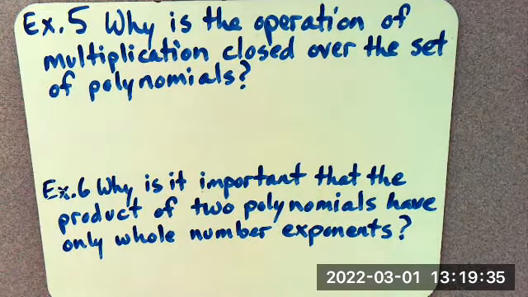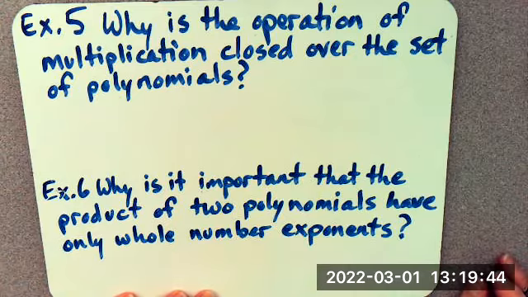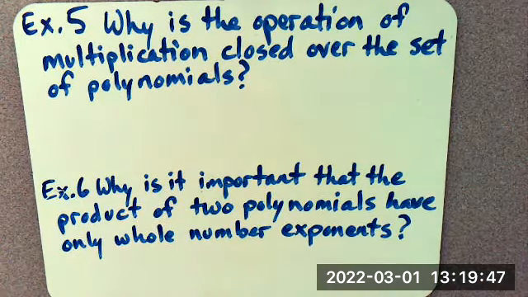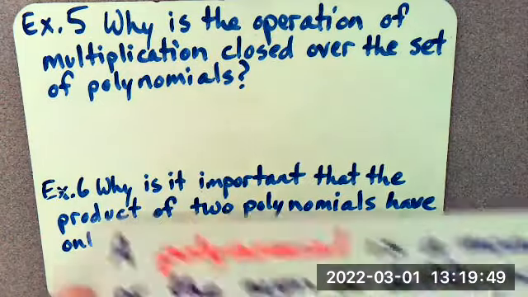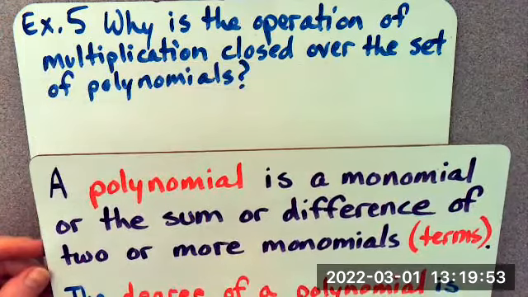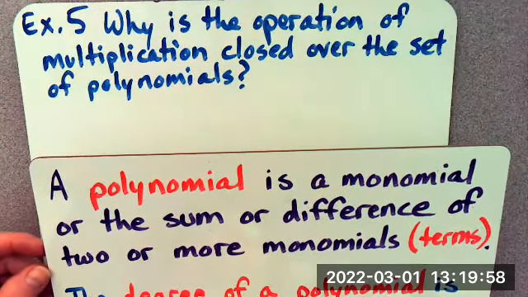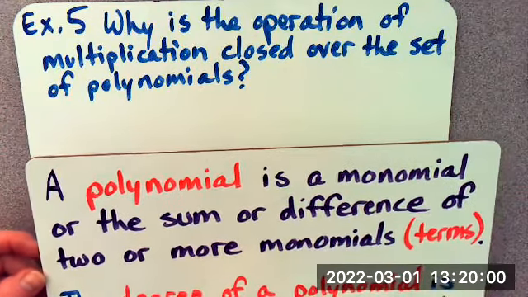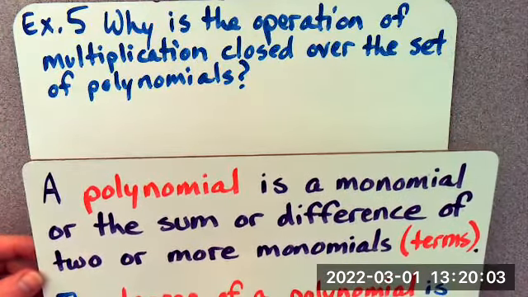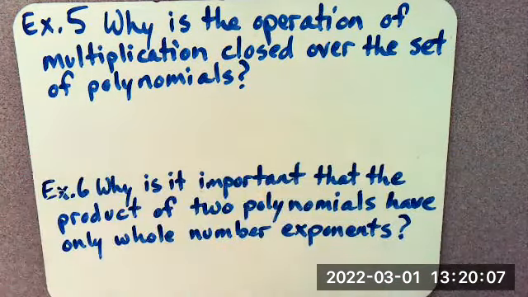Okay, so why is it important that the product of two polynomials have only whole number exponents? Well, the definition of a polynomial is a monomial, or the sum or difference of two or more monomials or terms. In order to be a monomial, you have to have a whole number exponent.